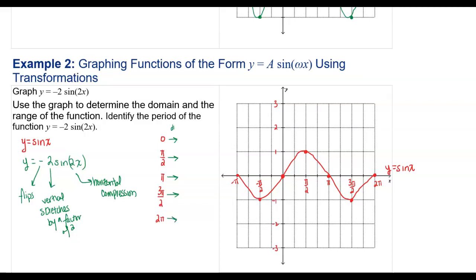So 0 is still 0, but now pi over 2 is pi over 4. And then pi is pi over 2. 3 pi over 2 is now 3 pi over 4. And 2 pi is pi.